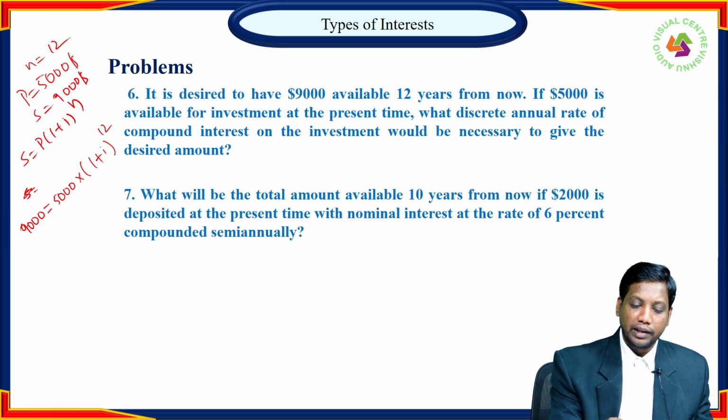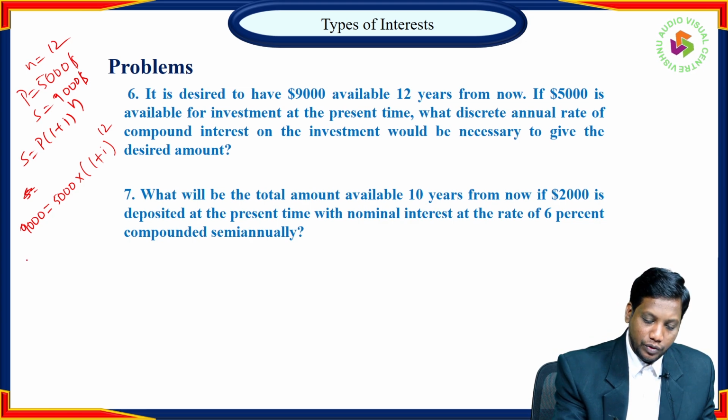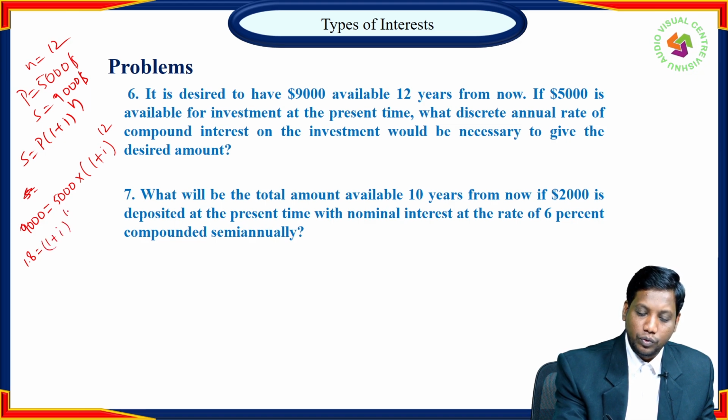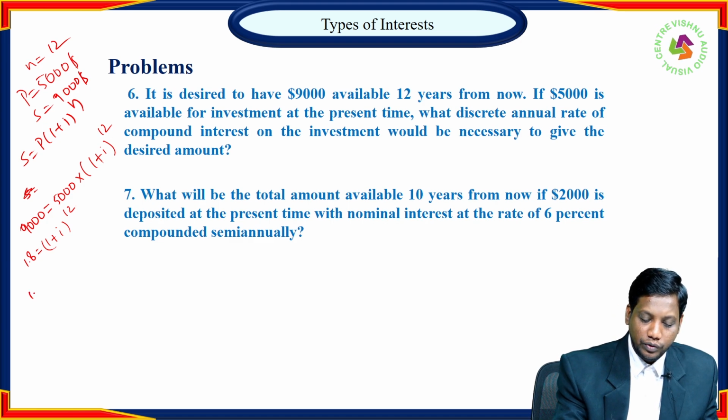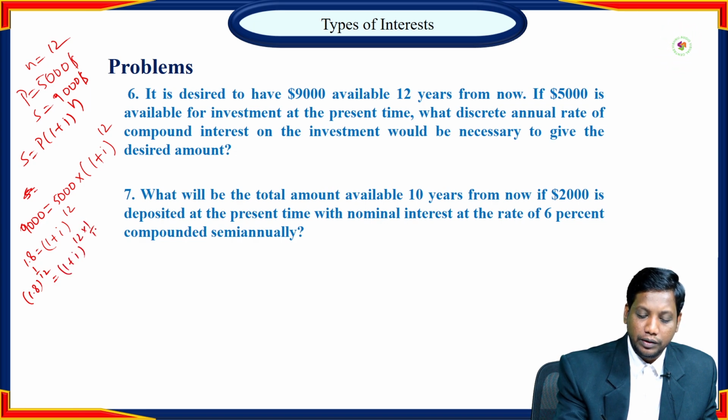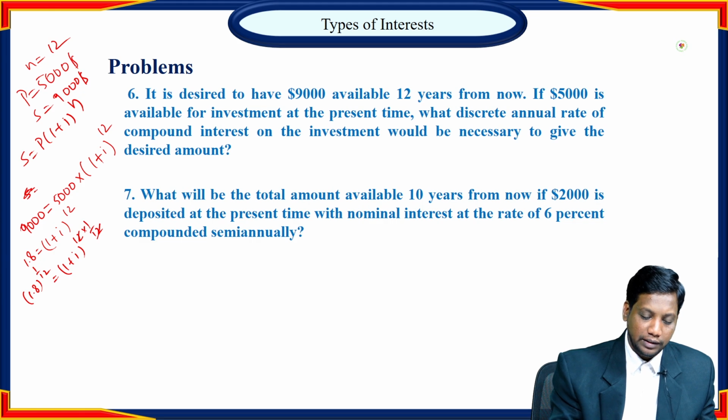So you can take 5,000 to the left-hand side. So 1.8 equals 1 plus I whole power 12. Raise both sides to the power 1 by 12. So 1.8 whole power 1 by 12 equals 1 plus I whole power 12 into 1 by 12. So the 12 gets cancelled.